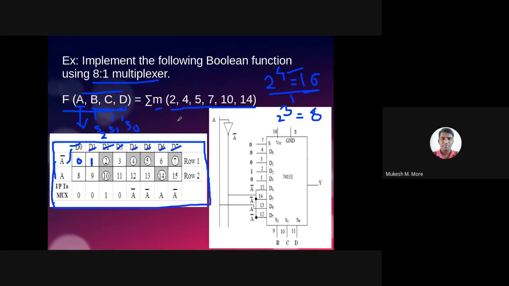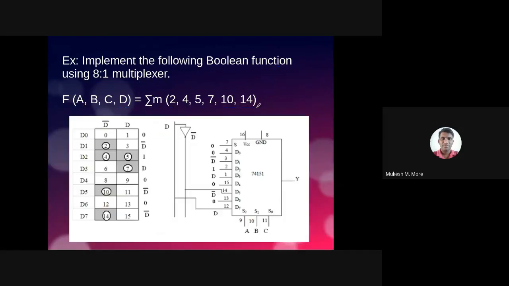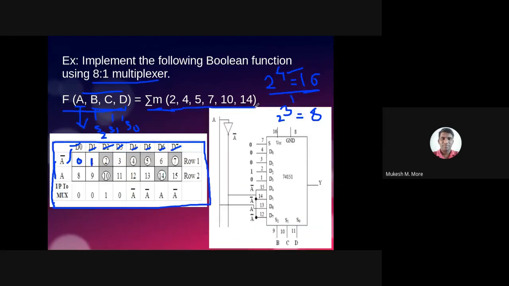Next, you have to look at the question. What does the question contain? This question has 2, 4, 5, 7, 10, 14. Now circle the numbers which are present in the question. The question contains 2, so circle that 2.